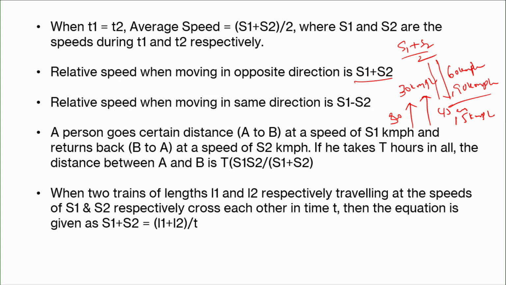The relative speed when moving in opposite directions, if the speeds of both the objects or vehicles are s1 and s2, both in opposite directions, then the relative speed will be s1 plus s2. Okay. If they are moving in the same direction, you have to consider the relative speed as s1 minus s2.